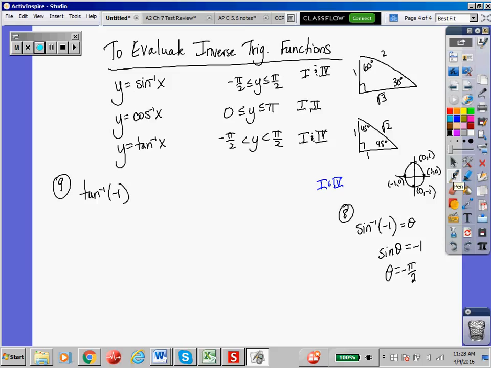Okay, inverse tangent of negative 1. So I'm going to set it equal to theta and say the tangent of theta equals negative 1. But this is first and fourth quadrant. So you're going to want to think about what's the reference angle, and then you have to put it in the proper quadrant.